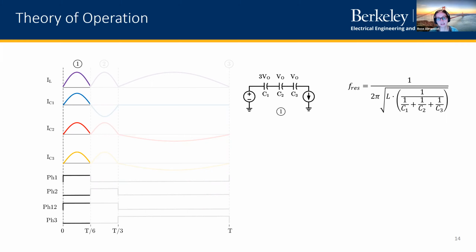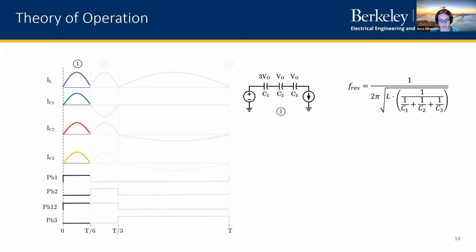And then our inductance, again, is just L. Another thing to note is that we are operating in a resonant mode. So the current through the inductor and each of these capacitors is resonant, a half period of a sinusoid.